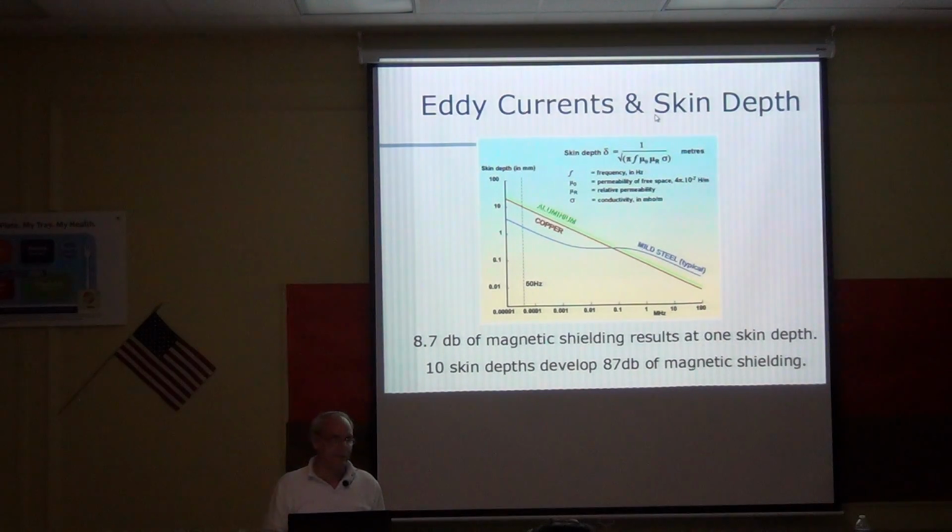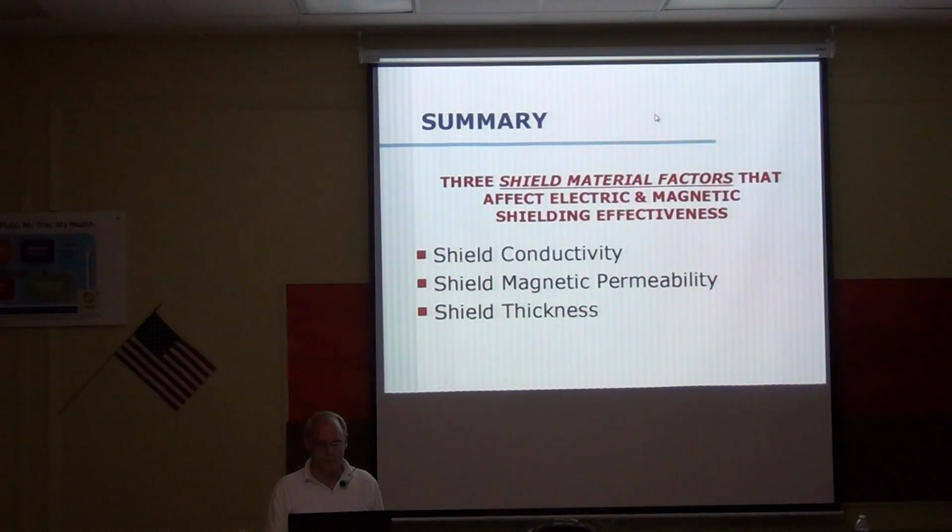That's why a Faraday cage made out of a conductive metal will shield you from an electric field as well as a magnetic field that has some frequency to it. We're going to see those frequencies in a few minutes. To summarize, there are only three points that affect the shielding based on the material you use: the conductivity, whatever magnetic permeability it may have, and the actual thickness of the metal.